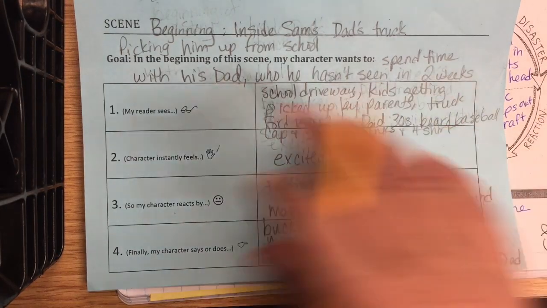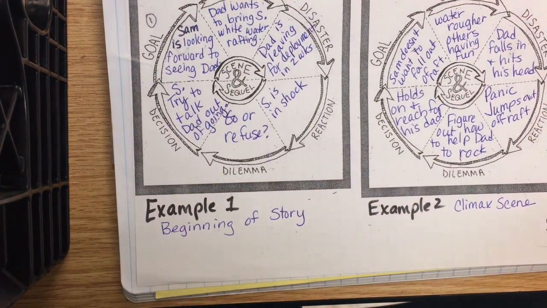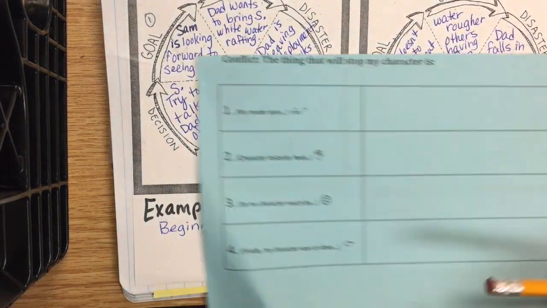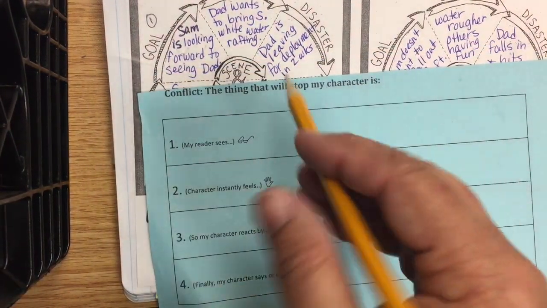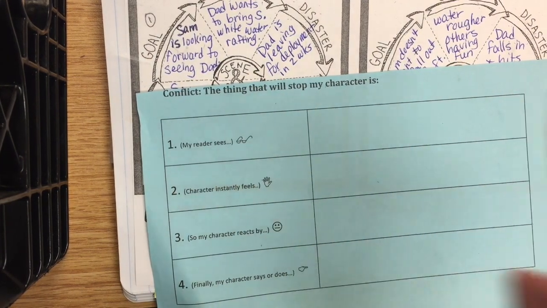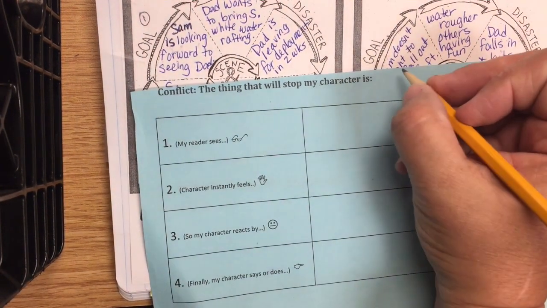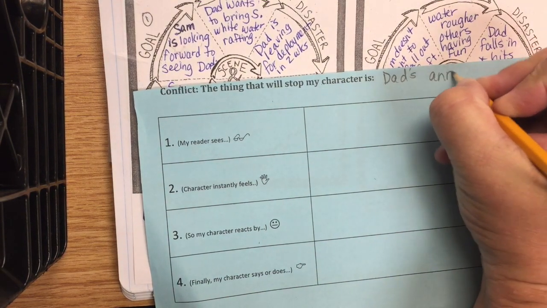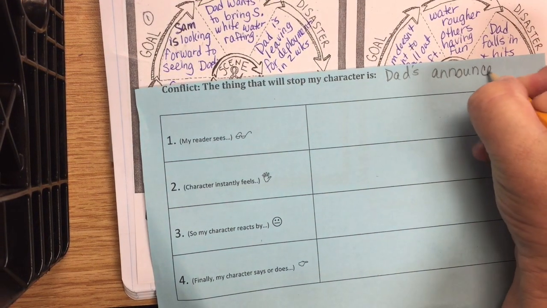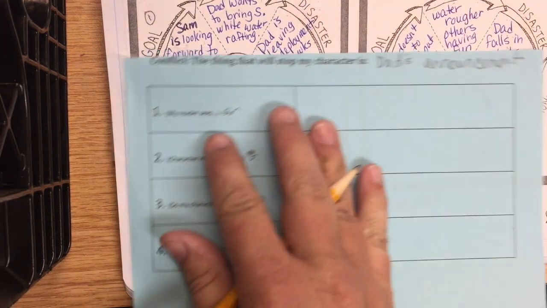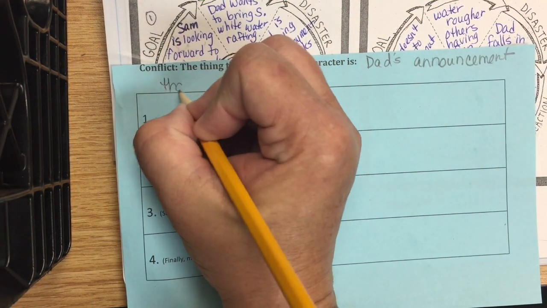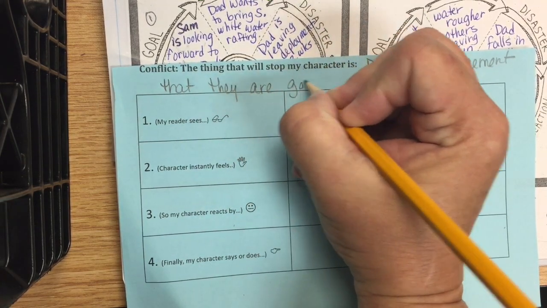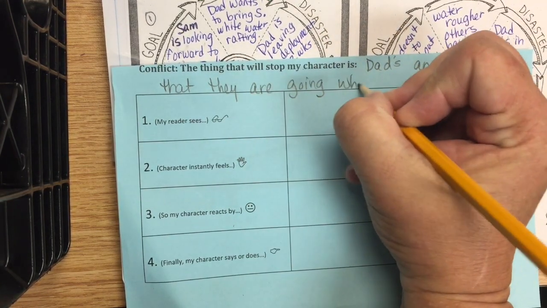The very next one, after the goal, I just want to show you what happens next with the conflict. The thing that will stop my character is Dad's announcement that they are going whitewater rafting.